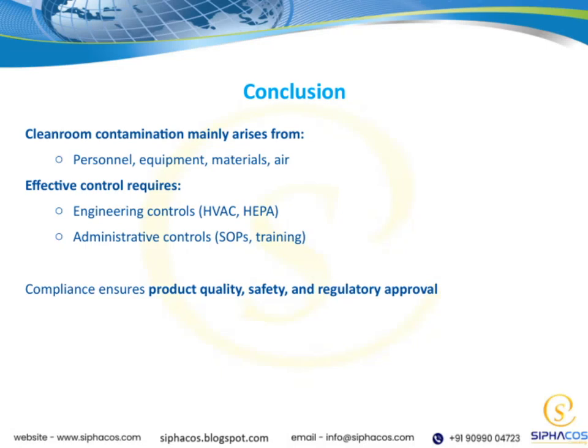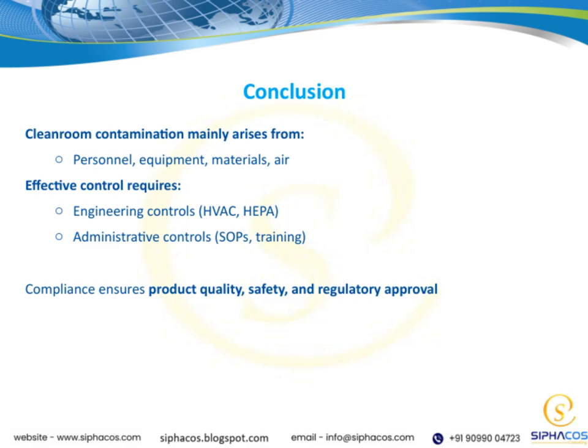Let's wrap up with some key takeaways. Cleanroom contamination mainly comes from four main sources: personnel, equipment, materials, and air. Understanding these sources helps us target our control efforts effectively. To manage and reduce contamination, we need a combination of controls. Engineering controls like HVAC systems and HEPA filters are crucial.